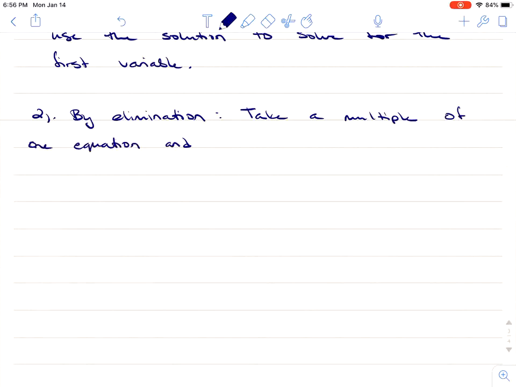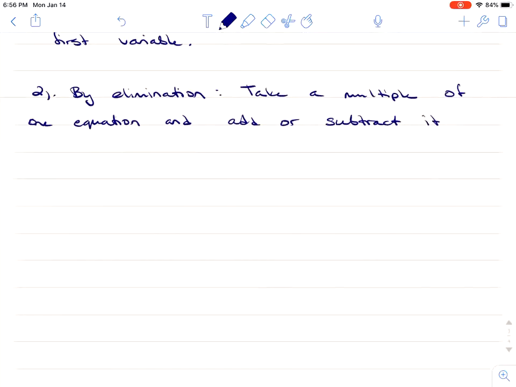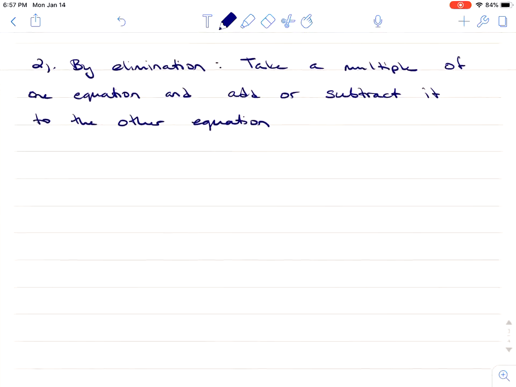The whole goal is to try to eliminate one of these variables.